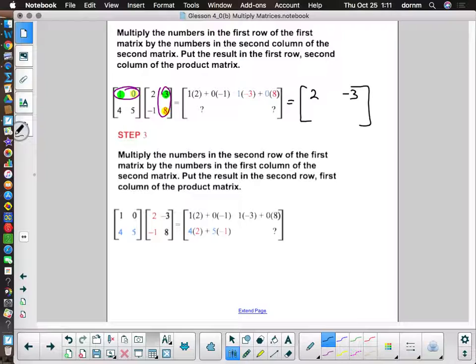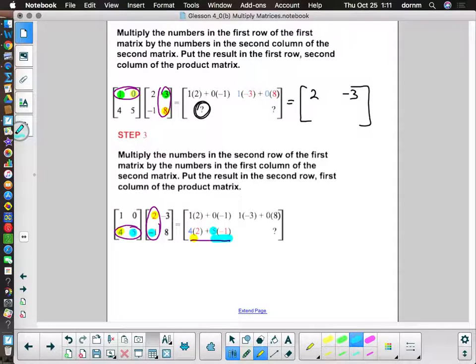Now I want what's going to be down here, the lower left. How am I going to get row 2, column 1? I'm going to multiply row 2 times column 1. So in order to get the element that's down here, I'm going to take row 2 times column 1. And again, we multiply the first entry times the first entry, 4 times 2, and the second entry times the second entry, 5 times -1.